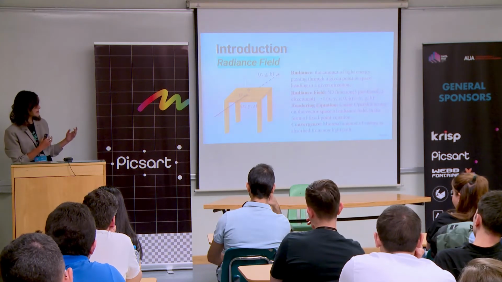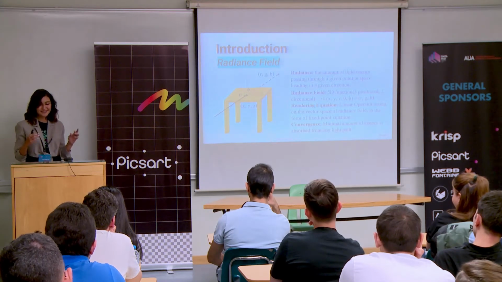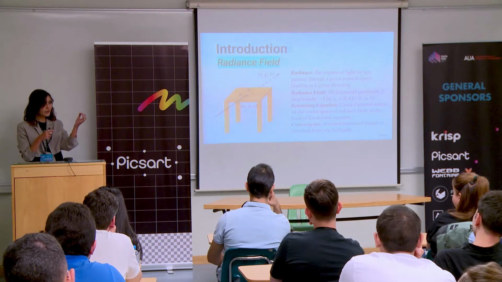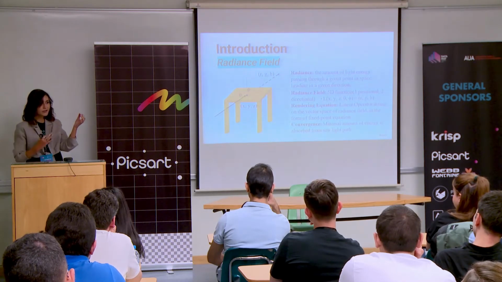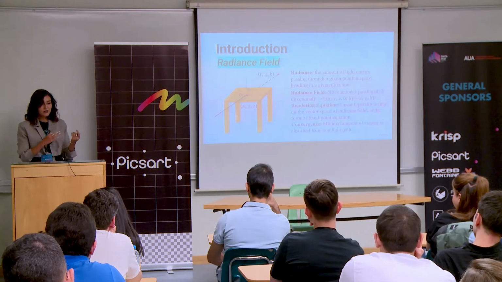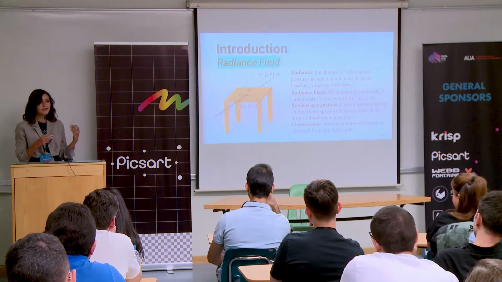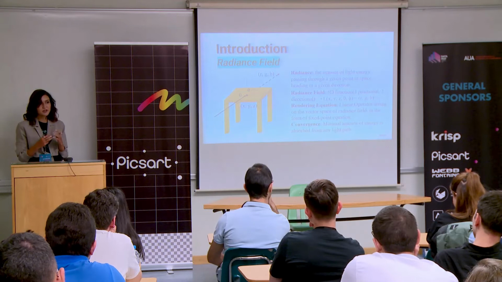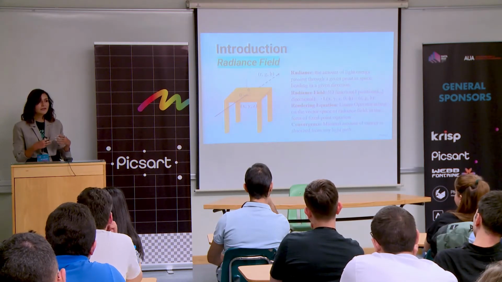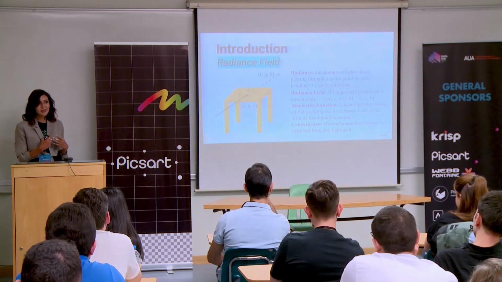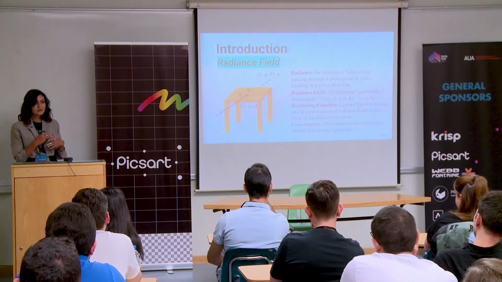So what is a radiance field? Well, first of all, what is radiance? Let's say we have a given point in space and light passes through it in a certain direction. The amount of light that passes through it, we call radiance. And the radiance field is an approximation of the electromagnetic field. However, we only take components that we humans can perceive, that are understandable for humans.